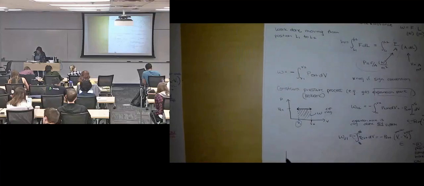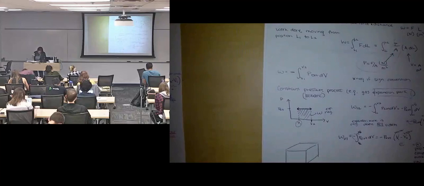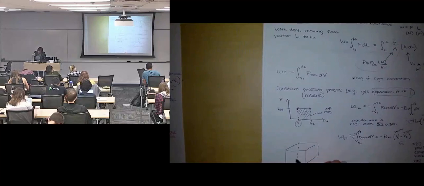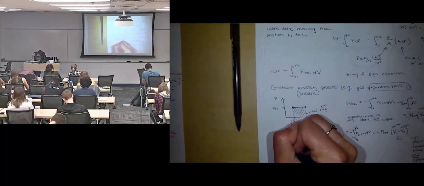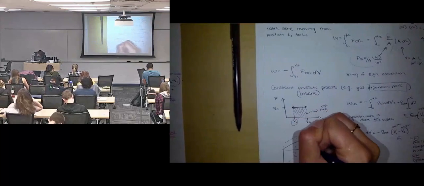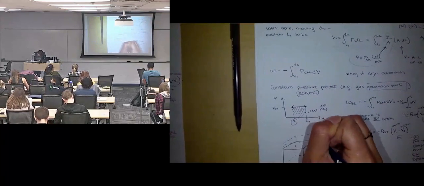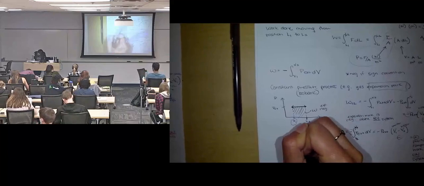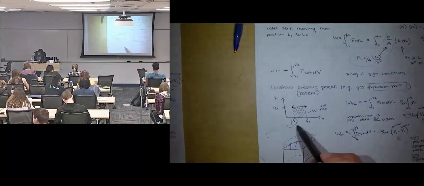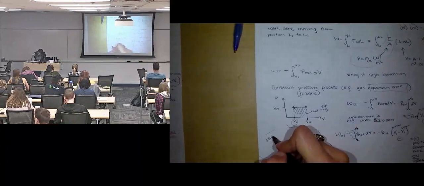So if this is our system here, some box. Like I said, it's almost always a cylinder, but maybe sometimes I'll make it a square. Who knows? So for expansion work, we've increased our volume here. We expanded against our surroundings, which are just everything out here.